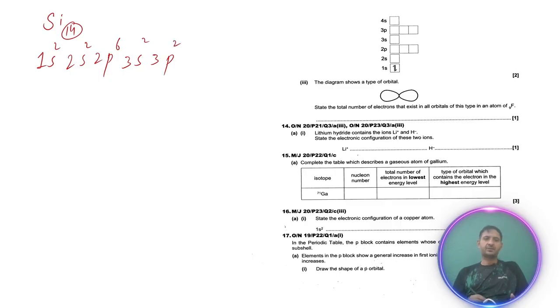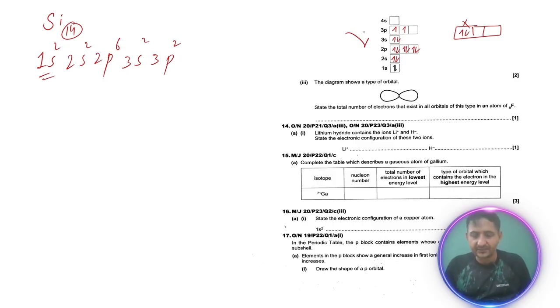So 1s2 is already filled here, 2s2 means 2 electrons with opposite spin, and 2p6, 1, 2, 3, 4, 5, 6, then 3s2, and then 3p2, 1 electron here and 1 electron here. If you write 2 electrons in the same orbital here, it will become wrong. It is against the rules of filling electrons. So first independent. Okay, it is the electronic configuration.